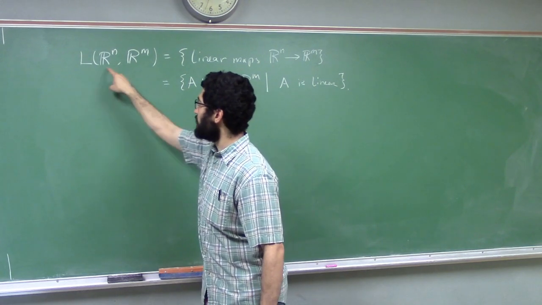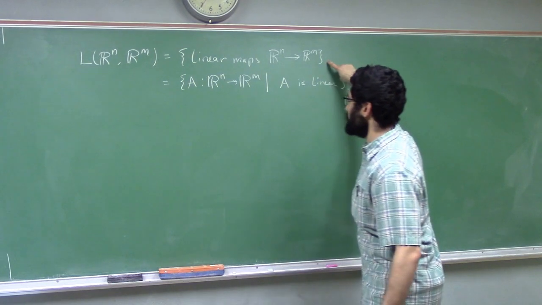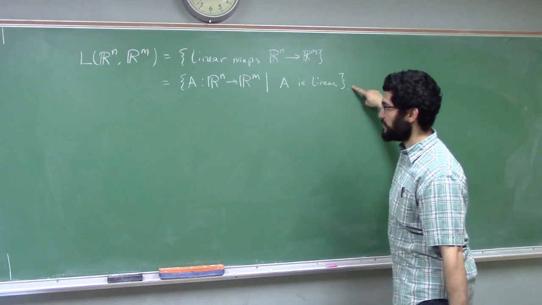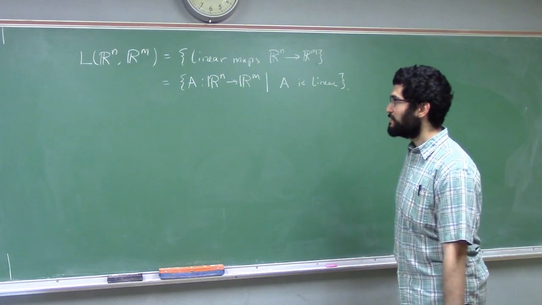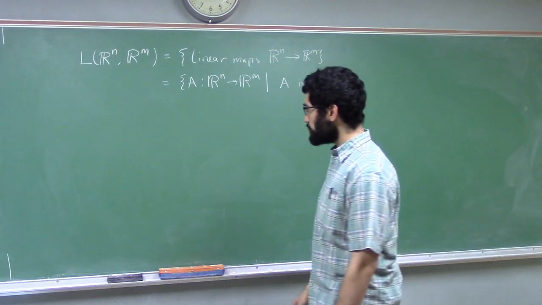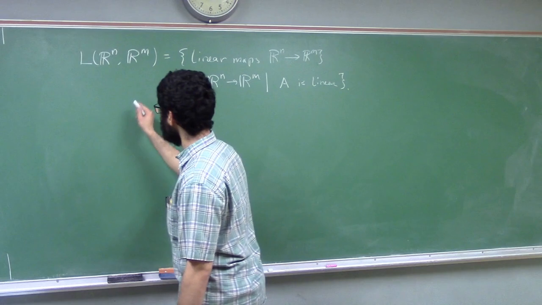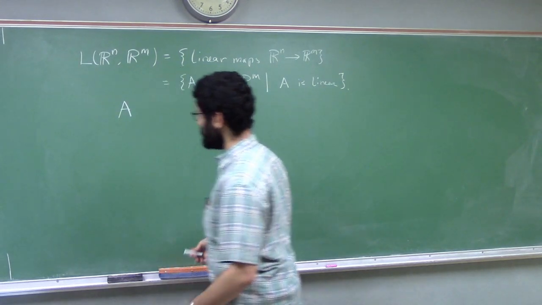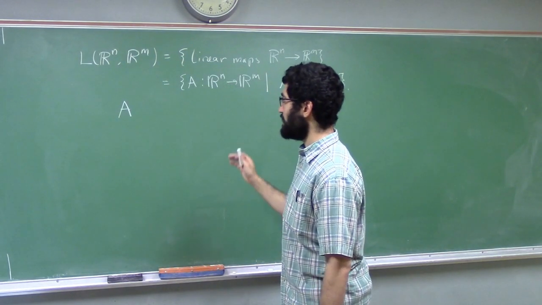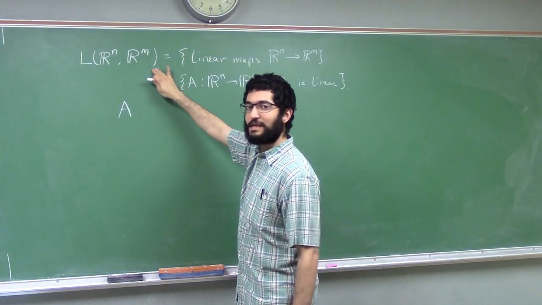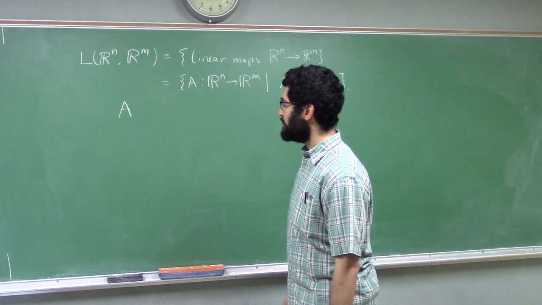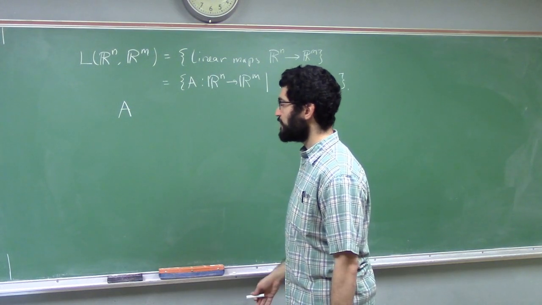So L(Rn, Rm) stands for the set of linear maps Rn to Rm, which you could also write as the set of A mapping Rn to Rm such that A is linear. Now, my goal is to define a metric on this set so that this becomes the underlying set of a metric space. But we'll do that by defining a norm.